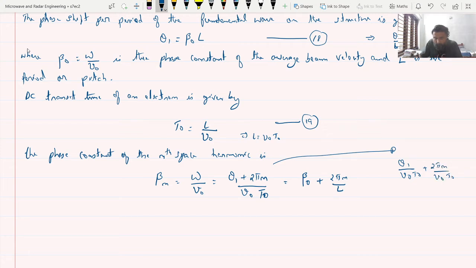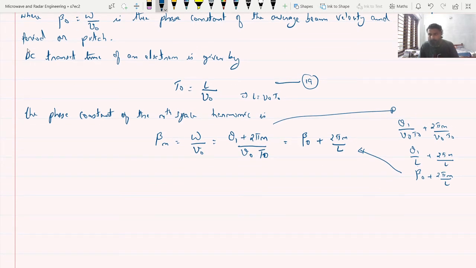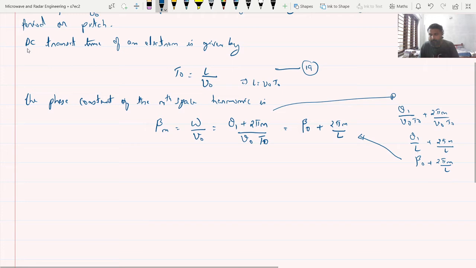Since v naught t naught is nothing but L, it is theta 1 by L plus 2 pi n by L. So theta 1 by L is nothing but beta naught plus 2 pi n by L. I think it is clear. I will call this equation number 20: beta naught plus 2 pi n by L.